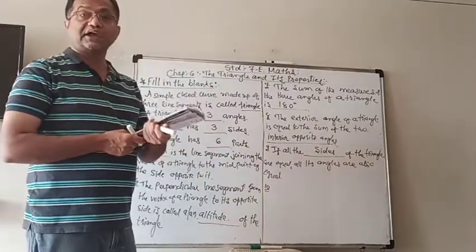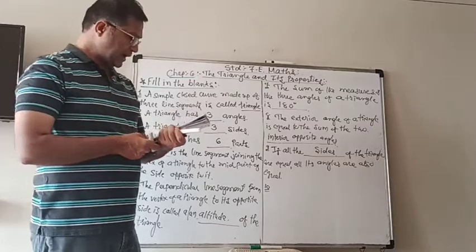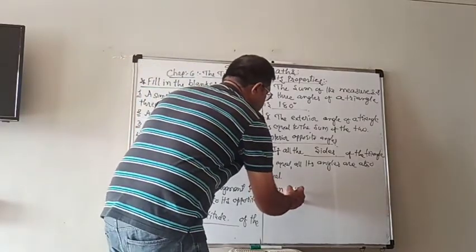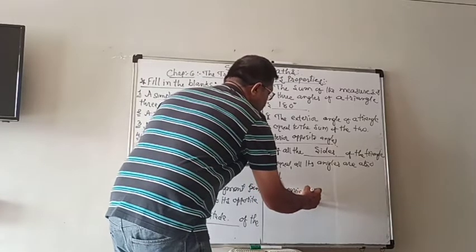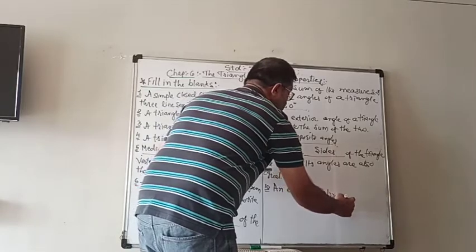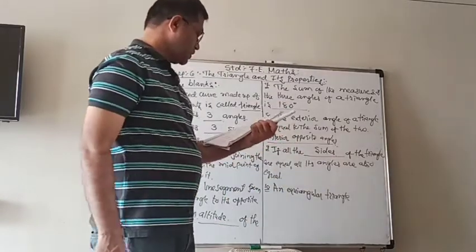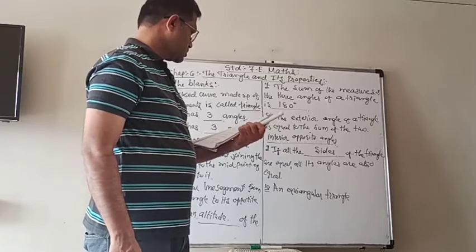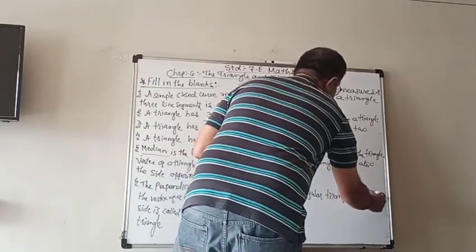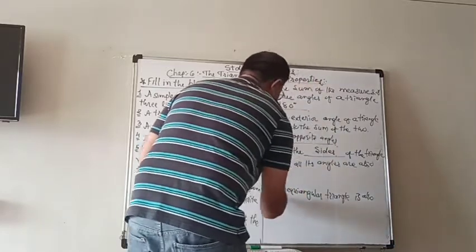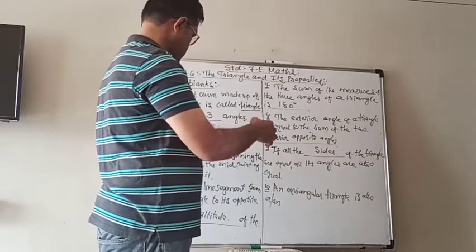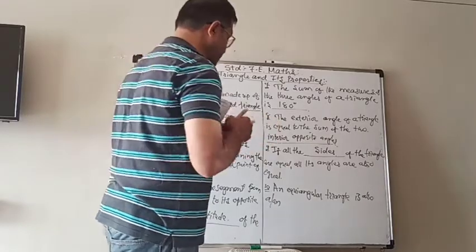Blank number 10. An equiangular triangle is also a blank triangle.